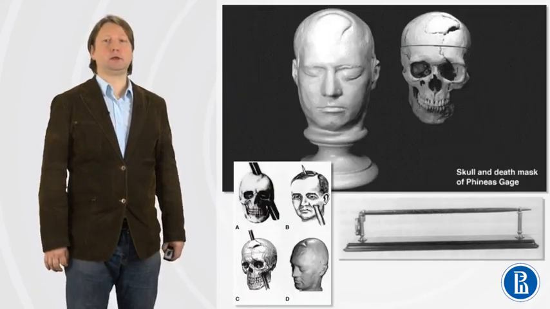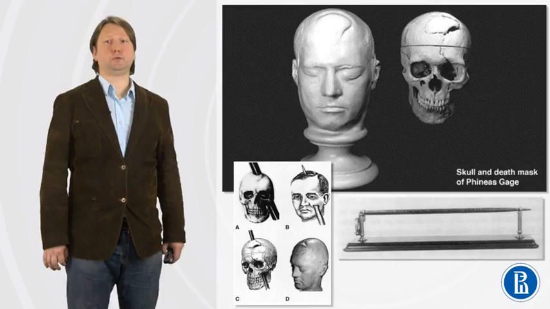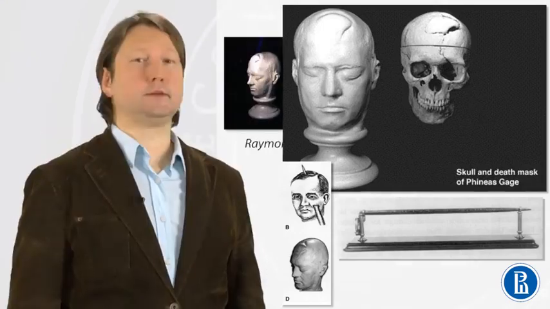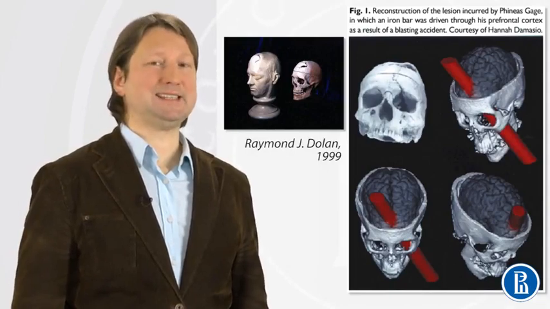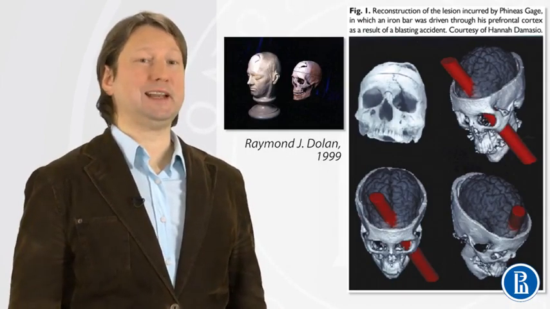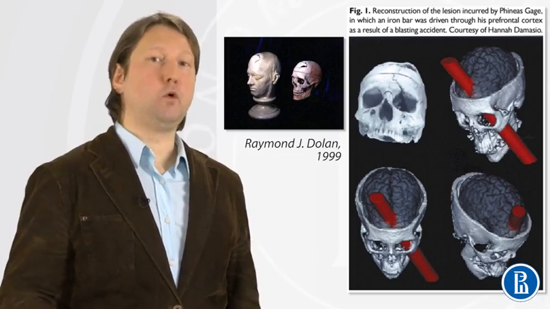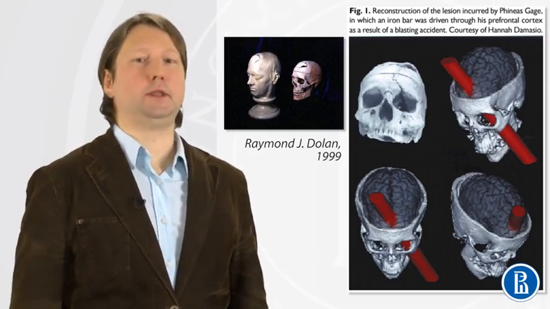Nowadays, we can reconstruct the place that was destroyed in the brain by this iron rod. Using modern reconstruction techniques, we can actually reconstruct this accident. And here we clearly see that a portion of the medial prefrontal cortex was removed.